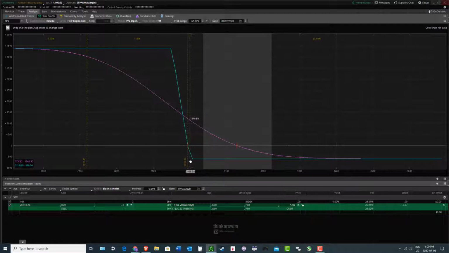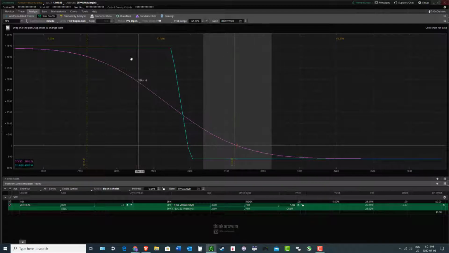And then anything above 2933 begins to get you to the loss, and then anything above 3,000, which is the strike price that's been bought, so the long put versus the short put, anything above the strike of the long put would be your max risk at expiration, right? So just a visual of what we got going on there.